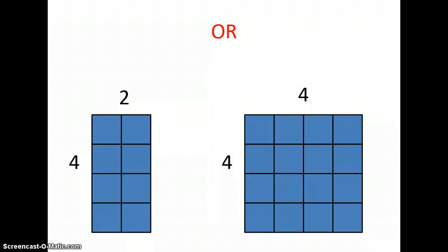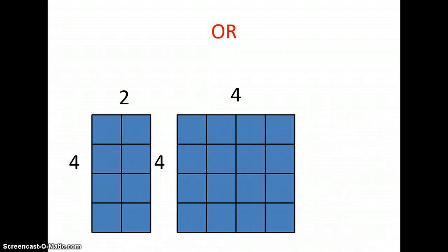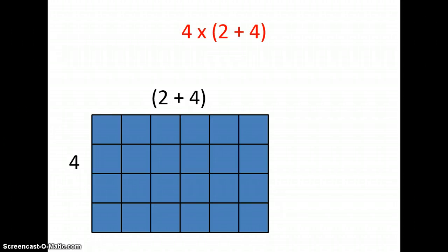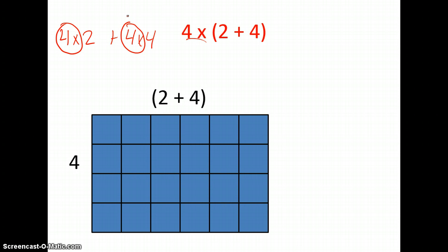So if I want to write this a different way and push them together, I would get 4 times the quantity 2 plus 4. Notice what happened. I started off with 4 times 2 plus 4 times 4. I noticed that both of those little expressions have a 4 being multiplied by something.